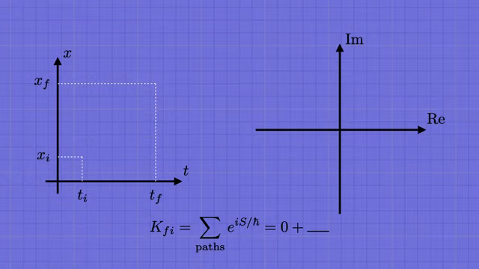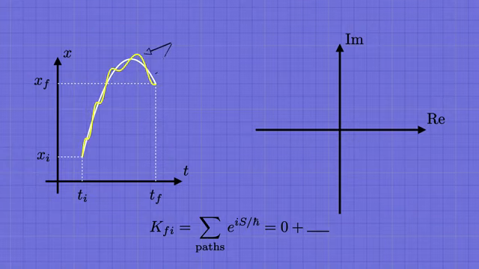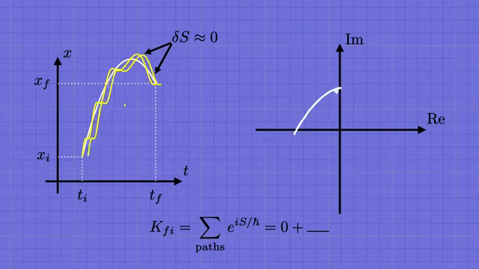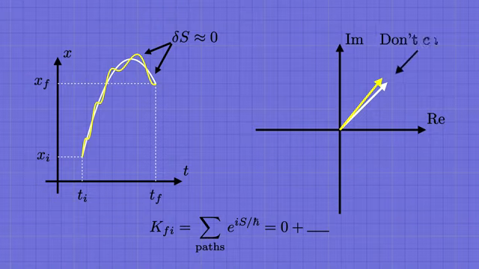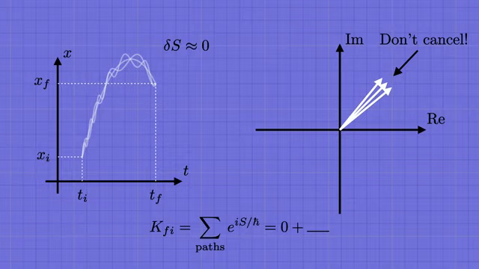But suppose that there's some special trajectory for which the action is approximately constant for it and for any nearby path. Then the arrows for these trajectories would point in very nearly the same direction, and those wouldn't cancel out. Trajectories that are near this special path would add up coherently and survive, whereas everything else in the sum cancels out.